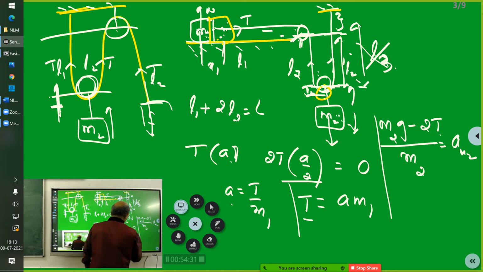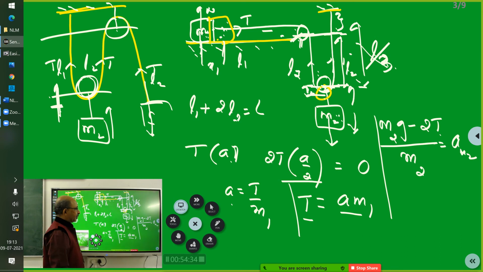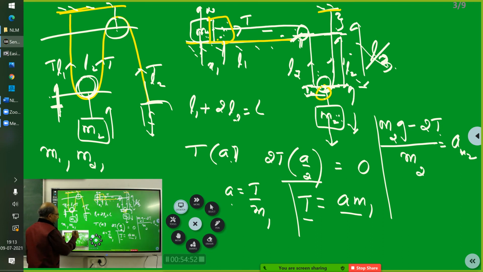Now you have got tension T here. You substitute A into M1. Have they given A in the data? Have they used M1, M2, or anything else? Only M1 and M2 they have told, and they ask only for the acceleration of M2.